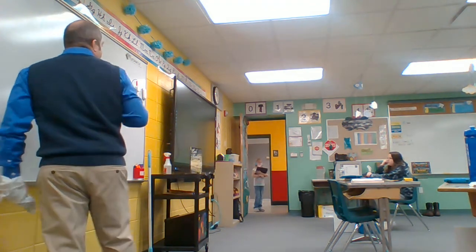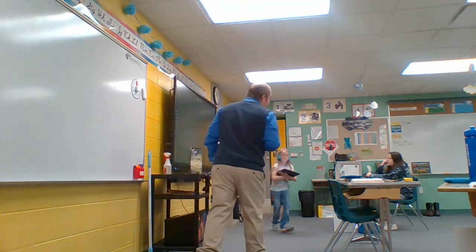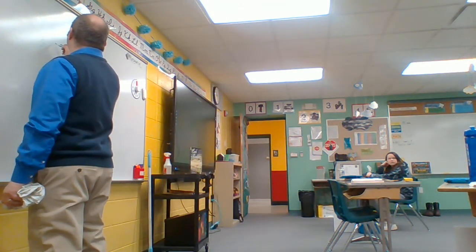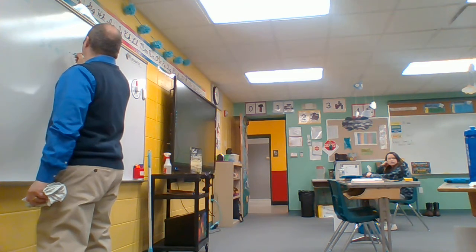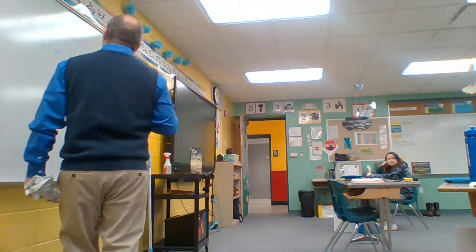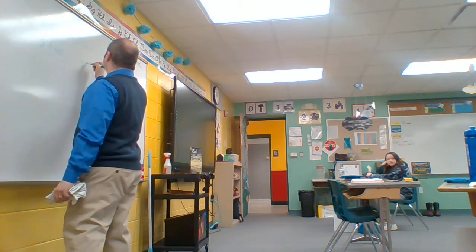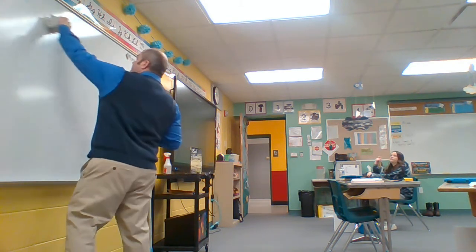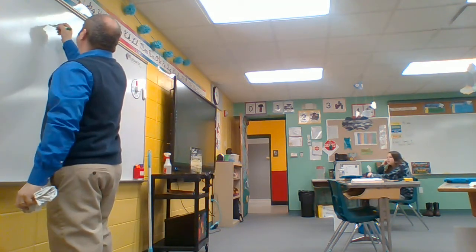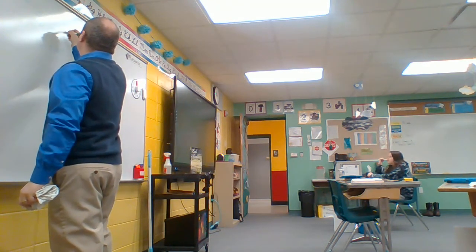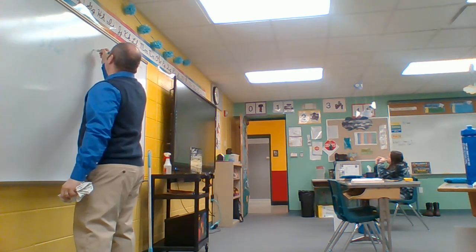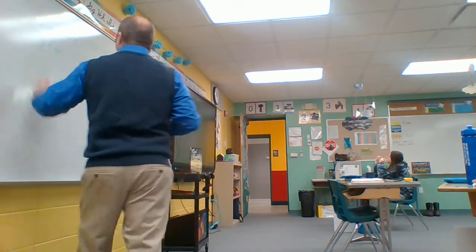And 3 feet equals 1 what? 1 yard. Let me rewrite this so it's a little bit more logical. It'd be 12 inches equals 1 foot. Okay. 3 feet equals 1 yard.